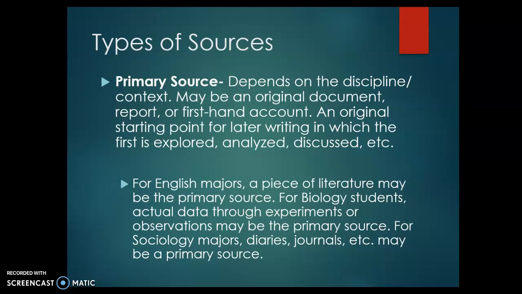For communication majors, looking at newspaper articles or looking at media coverage of a certain event at a certain time may be a primary source. It is the initial content that others will take and through secondary and tertiary sources start analyzing and looking at correlations and variables and how the results impact a certain idea or phenomenon.